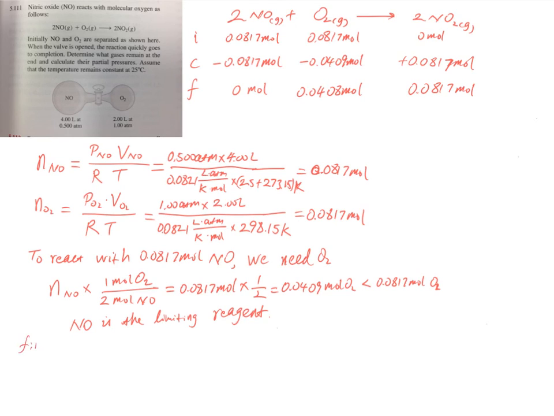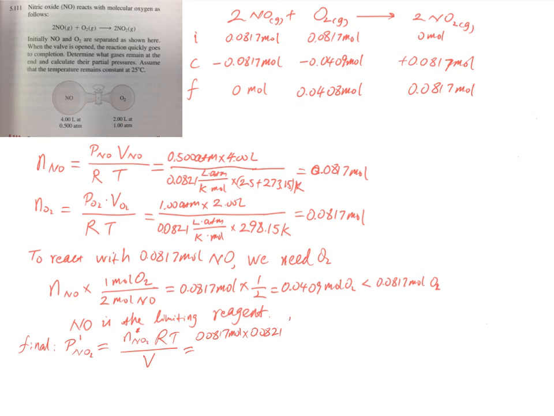So in the final state, the pressure of nitrogen dioxide, we call it prime to refer to final, is the mole number of nitrogen dioxide prime times RT over the total volume.